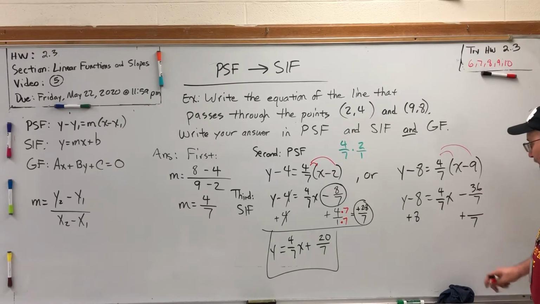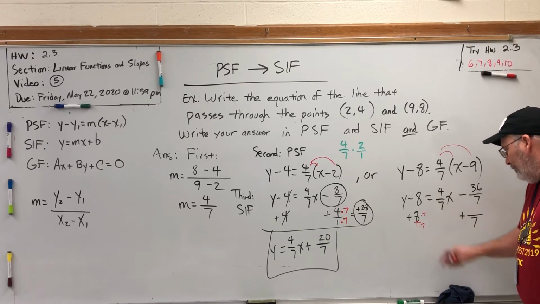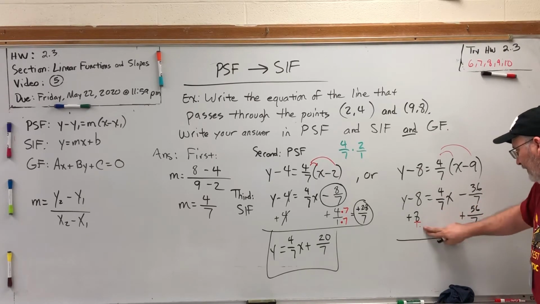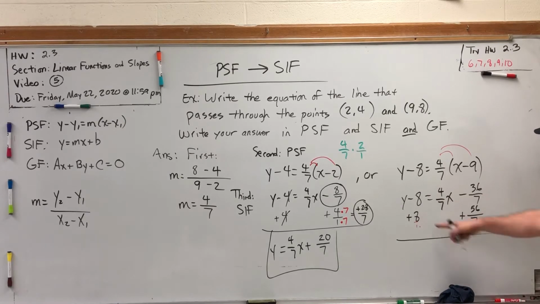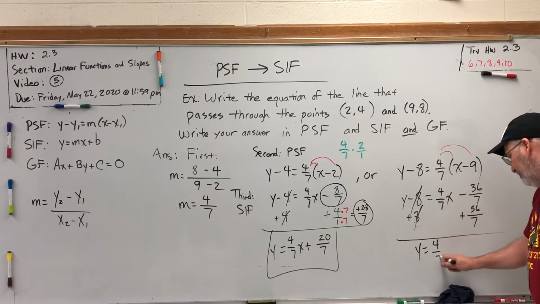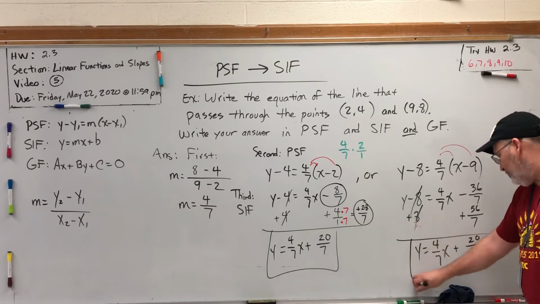So let me think about that. 8 is really 8/1, multiply top and bottom by 7, and I get 56/7. Again, you can think a lot of this, or maybe do a little scribbling. The 8's cancel, and we get y equals 4/7 x. Common denominator is 7. -36 and +56 is +20, and look at that, we got the same answer.